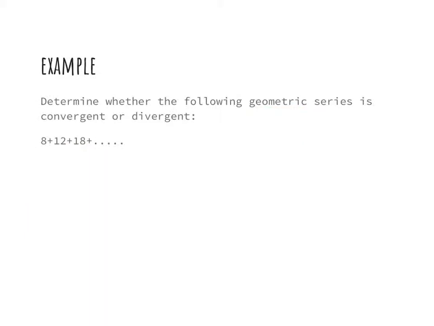For our next example, we've got the series 8 plus 12 plus 18, forever and ever. Again we're looking to find our common ratio. We go from 8 to 12, so to find our common ratio, we do 12 divided by 8. If I type that into my calculator, 12 divided by 8 is 1.5.